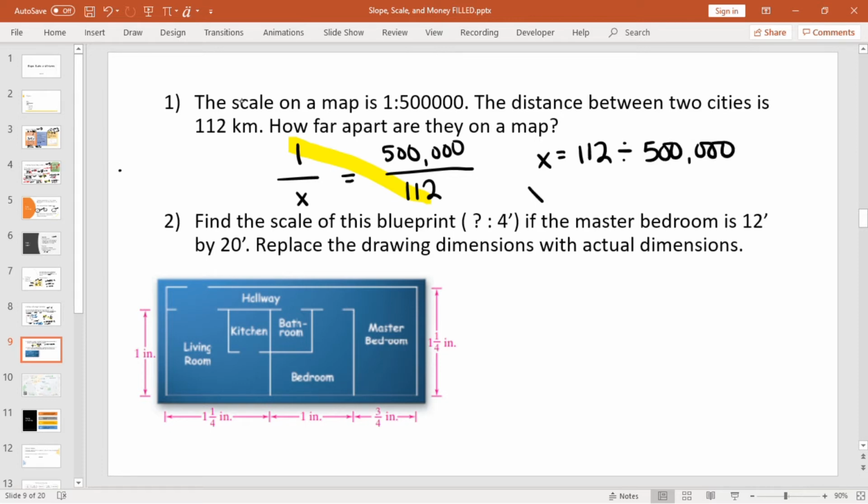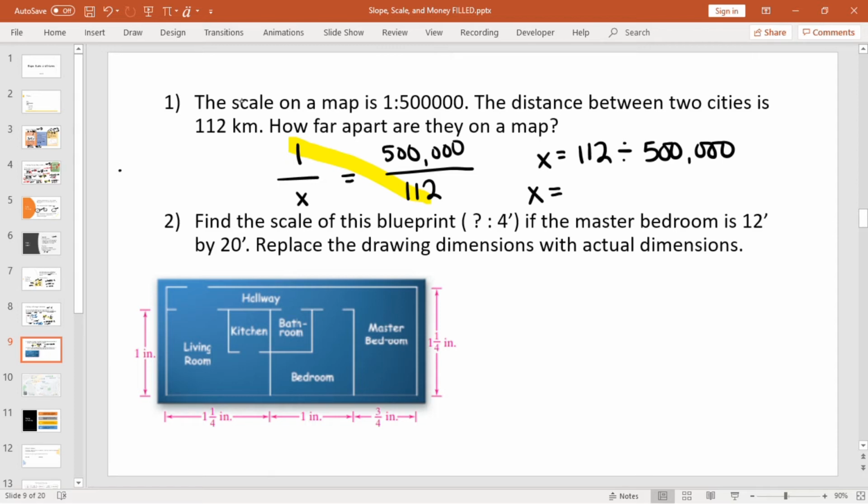All right, and suddenly I get x is equal to 0.000224, and that's in kilometers because we keep the units we went in with.